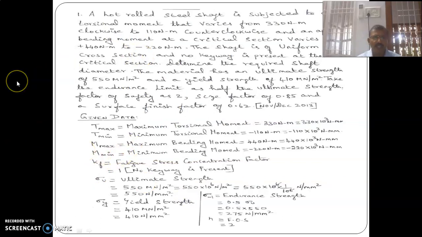Okay, here is a similar problem. A hot rolled steel shaft is subjected to a torsional moment, T value 330 and minus 110. Clockwise is plus, anti-clockwise is minus, so we have taken minus. The bending moment is also given: 440 and minus 220.